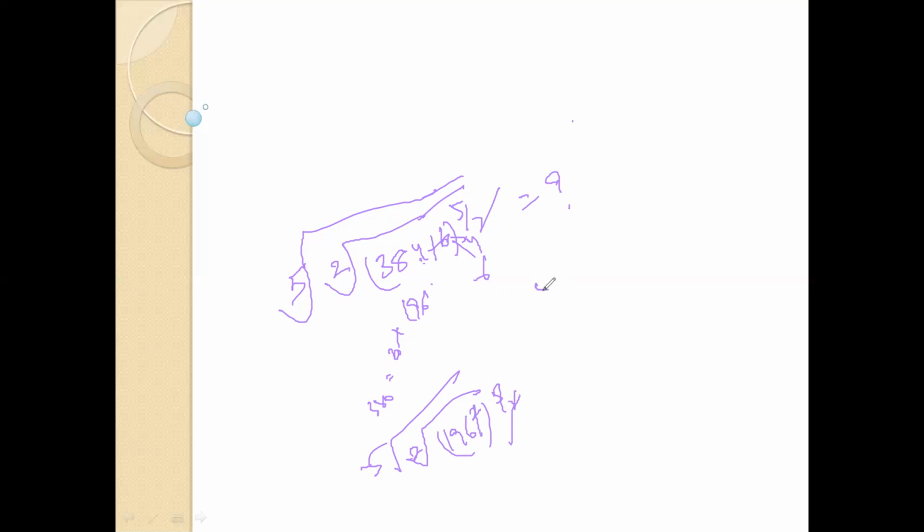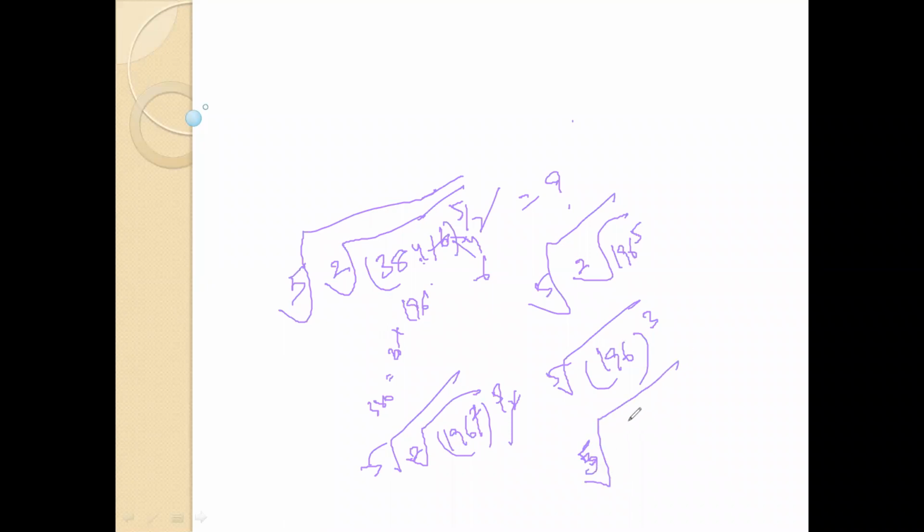Now here we get fifth root of square root of 196 power 5. Here power 2 gets cancelled. Fifth root of power 2 means the remaining power 3 is there: 196 power 3. 14 square is 196, so fifth root of 14 square whole cube, which is fifth root of 14 power 6.